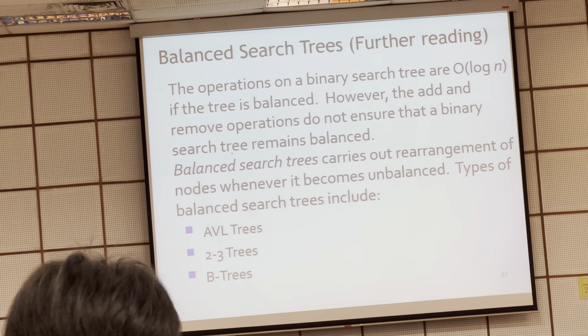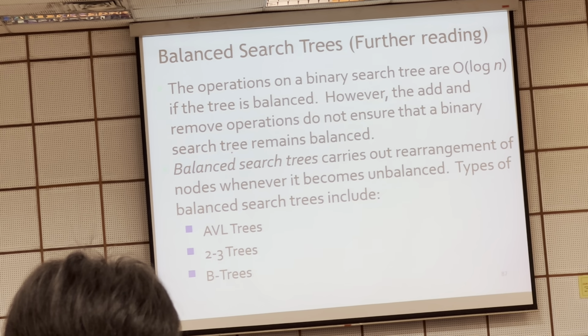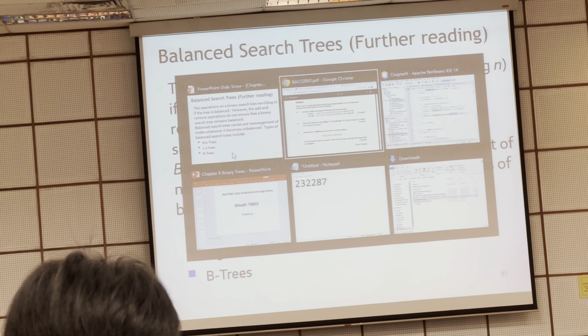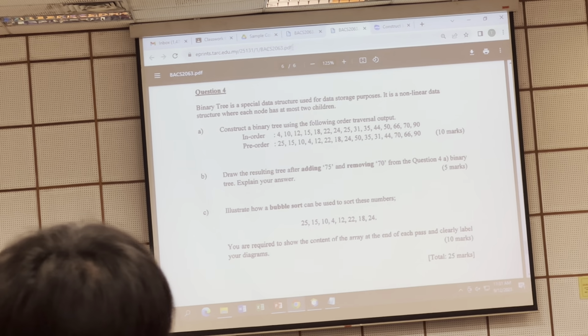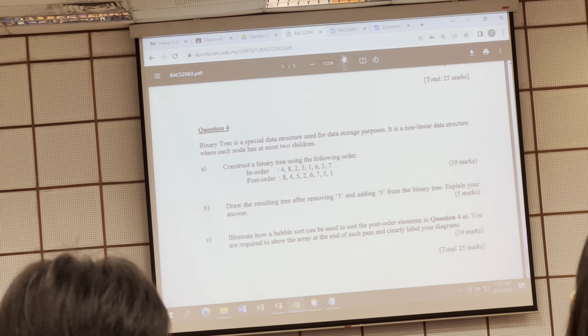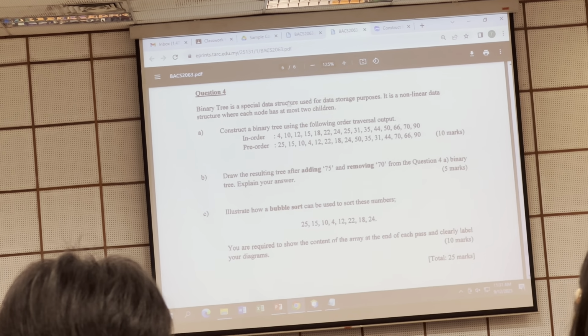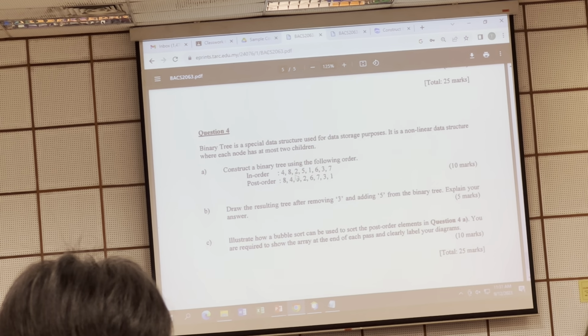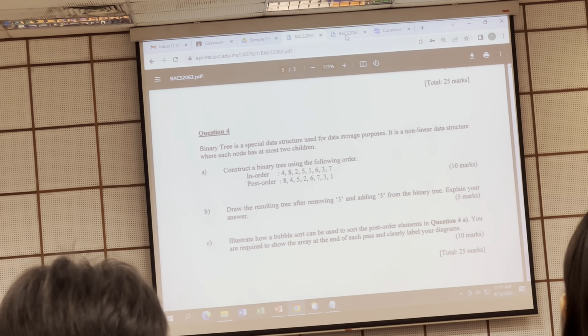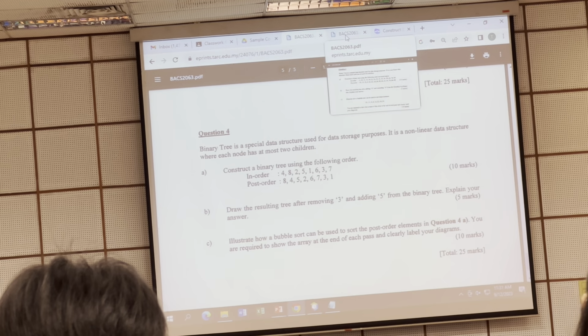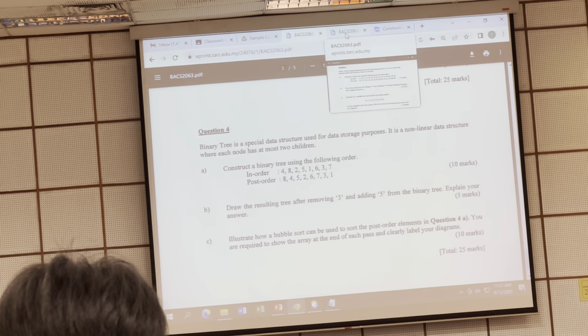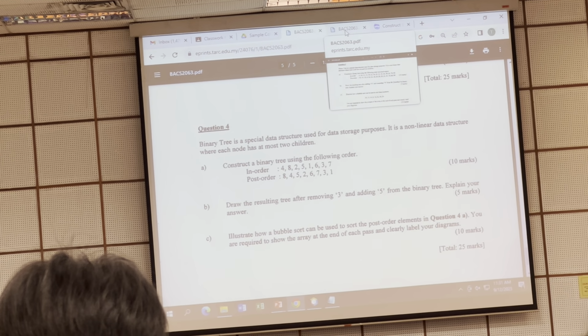These are other structures, other trees that you can go through. Now let's just revisit the question. You can do both. Try this one out, and see how your tree is going to be.